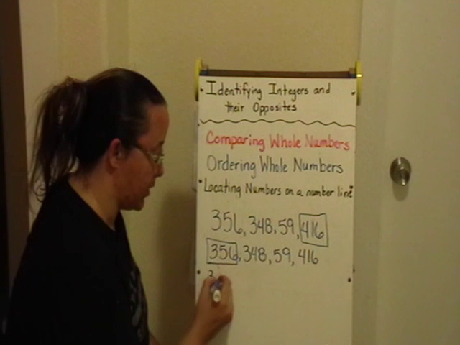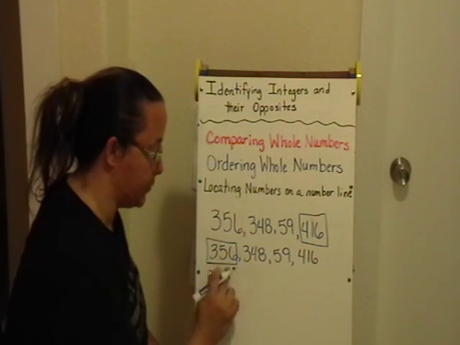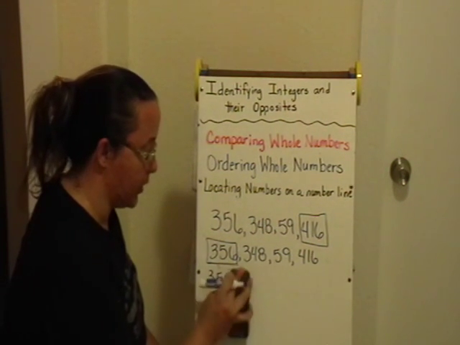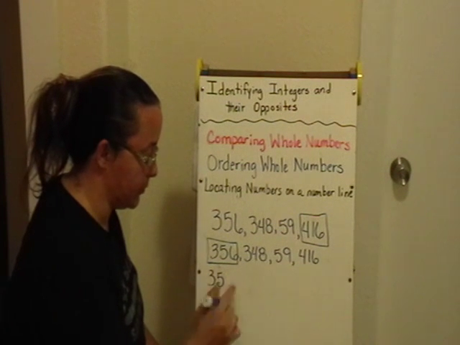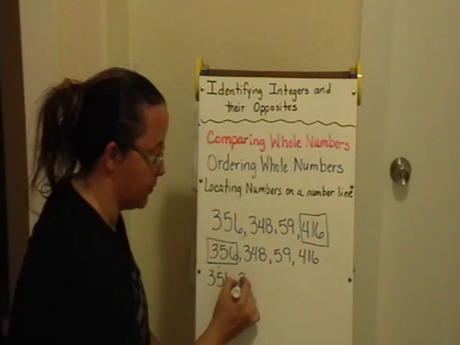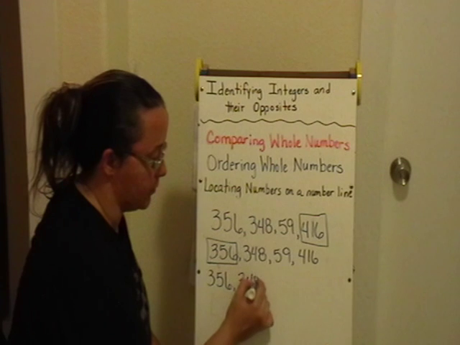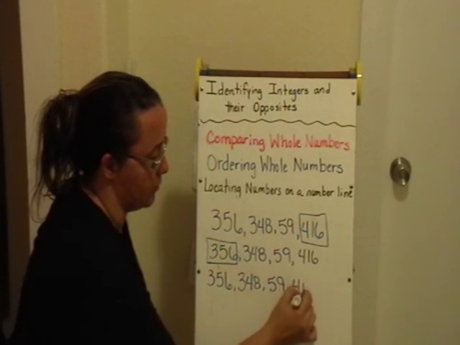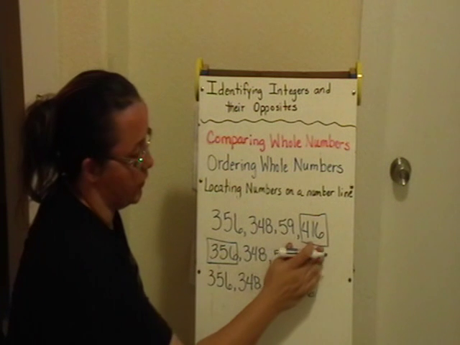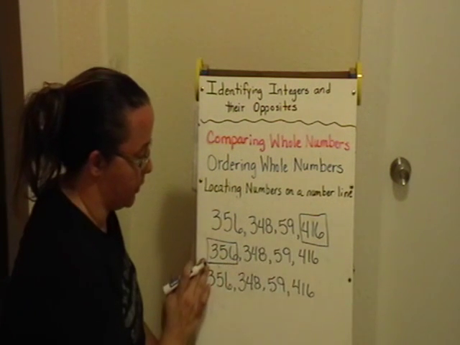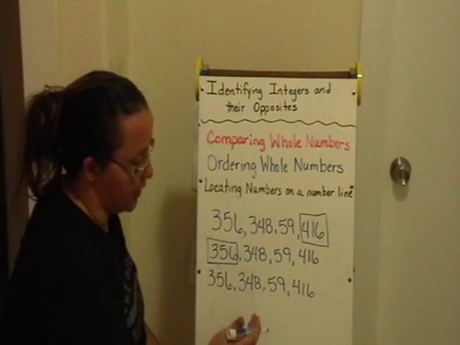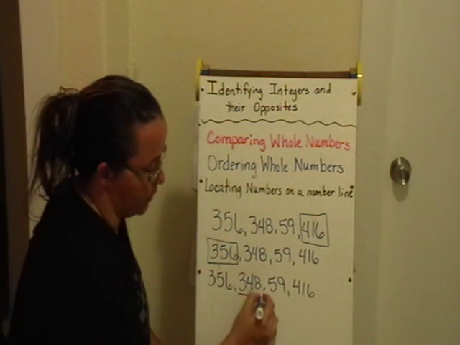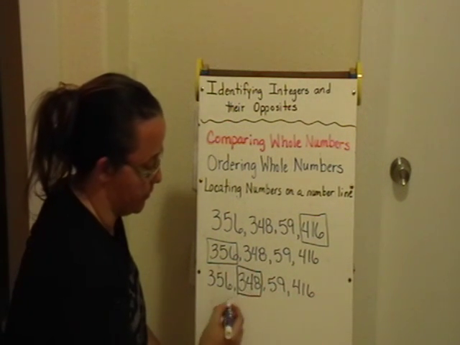So let's look at this set again, but this time we're going to look for the next greatest number. So we've got 416 and 356, so the next greatest number is going to be 348.